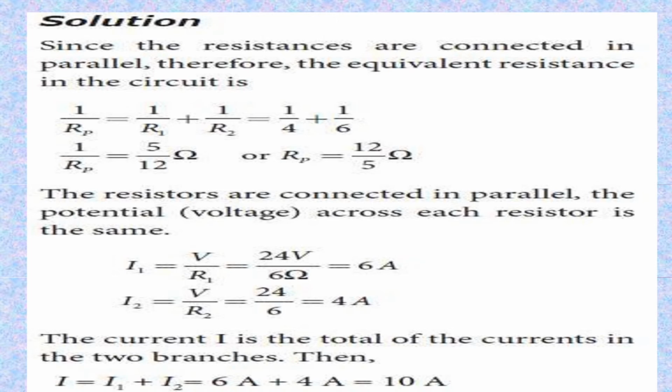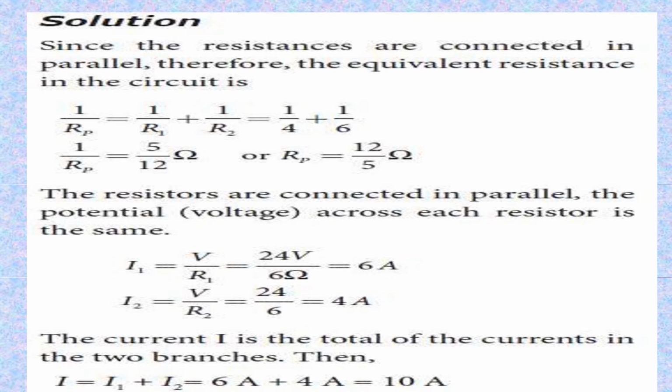The resistors are connected in parallel, so the potential, or voltage, across each resistor is the same. So I1 is equal to V over R1. By putting these values of V and R1, we have 6 amperes, and I2 is V over R2, by putting the value of R2, we have 4 amperes. Now I is left.